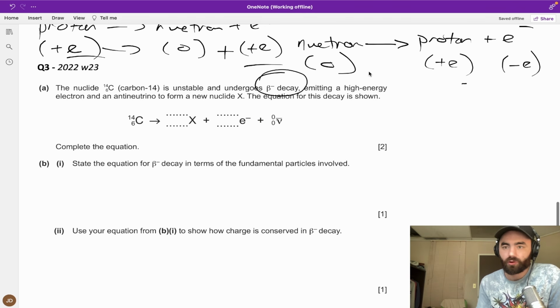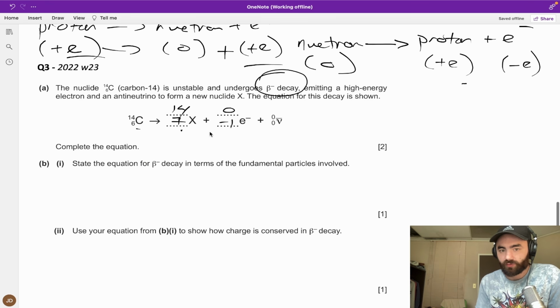Anyway, we have a neutron going to a proton, which means this number here will stay the same, right? This is the nucleon number, the protons and neutrons. If we simply have a neutron changing into a proton, there's no change there. However, this is the proton number. We have a neutron go to a proton, then we have an extra proton. And for this electron, it will be 0 and minus 1.